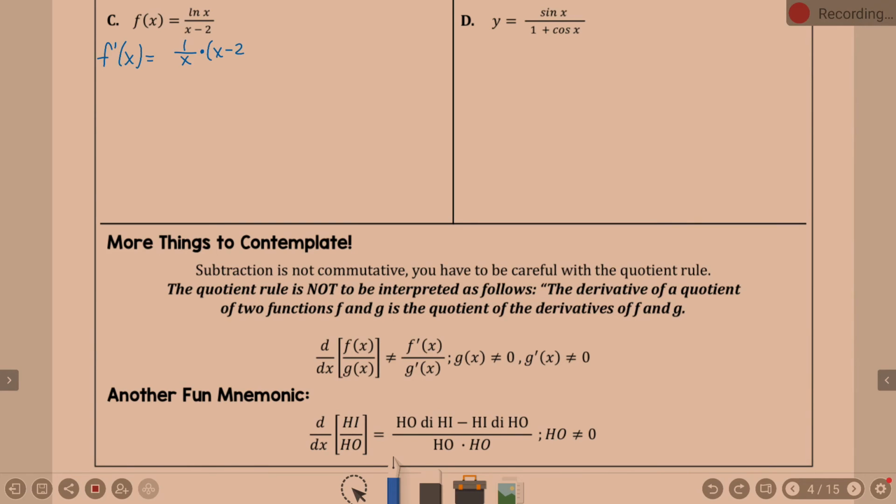Times the x minus 2. Then what? Then minus, okay, she says 1 as in derivative of x minus 2 is just 1 times ln x. All over x minus 2 squared.